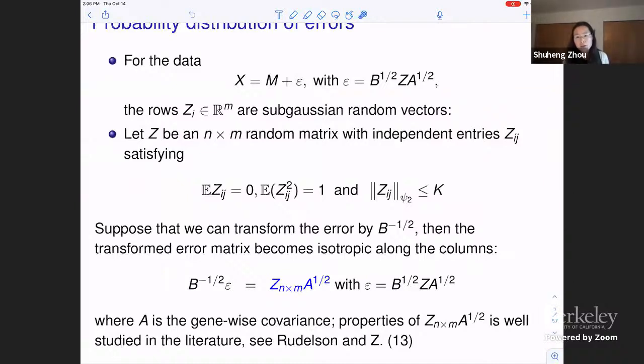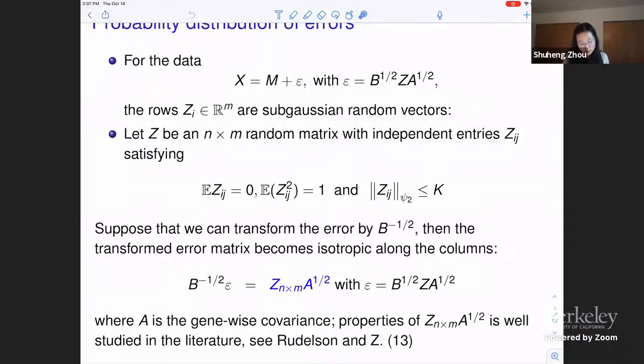Throughout this talk, I assume Z has mean 0, variance 1, and has a sub-Gaussian (psi-2) norm that is bounded. The psi-2 norm condition on a scalar just means the tail of this random variable is like a Gaussian tail. We have a formal definition later. If you just think of Z as an i.i.d. Gaussian random variable, that is enough to get you started with what's going on here in the model.